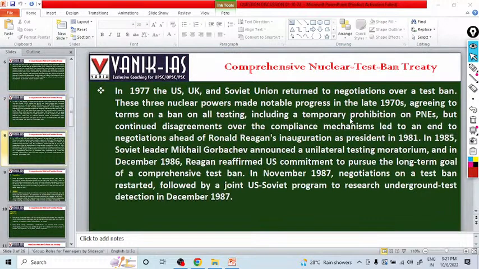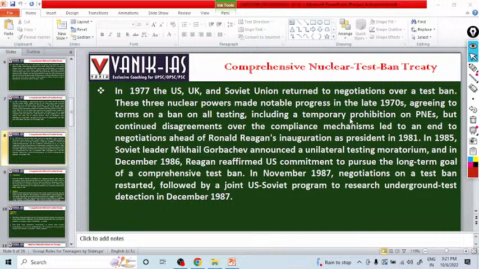In 1977, USA, UK and Soviet Union returned to negotiations over a test ban. These three nuclear powers made notable progress in the late 1970s, agreeing to terms on a ban on all testing, including a temporary prohibition on partial nuclear explosions, but continued disagreement about the compliance mechanism led to an end to negotiations ahead of Ronald Reagan's inauguration as president in 1981.